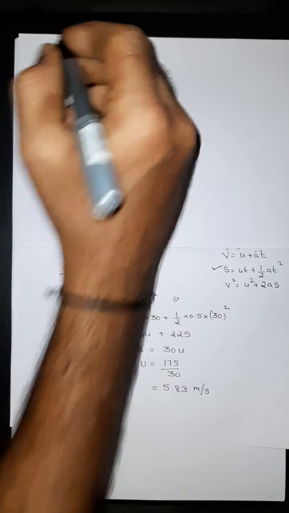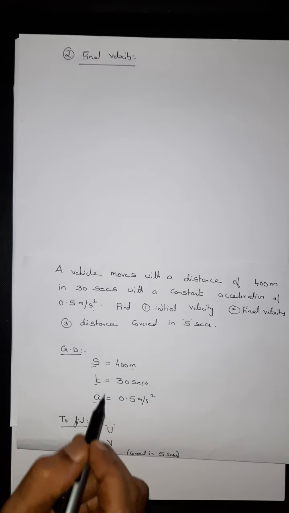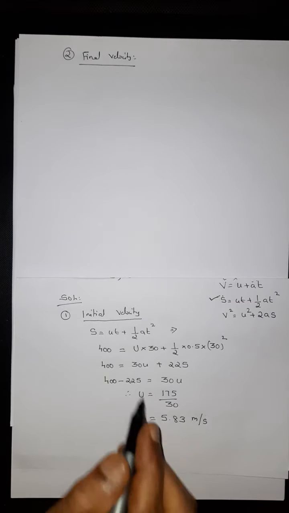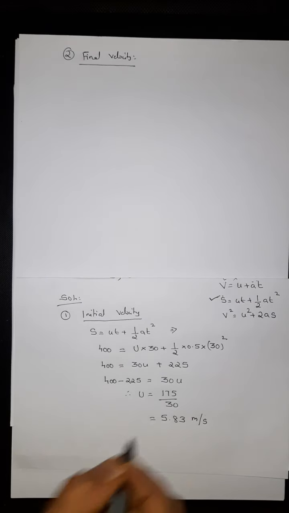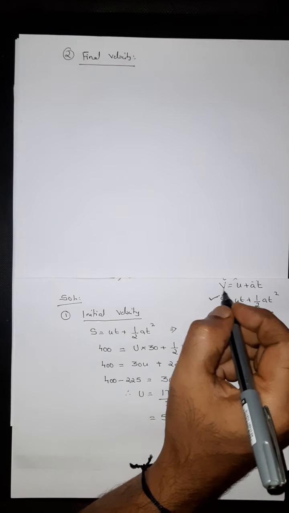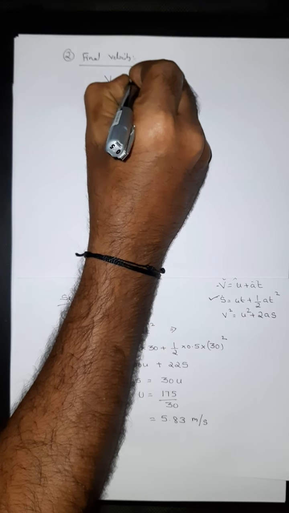The given data are S, T, A, and now I have arrived at a value for U also. So U is known, A is known, T is known. So this formula can be used: V is equal to U plus AT.